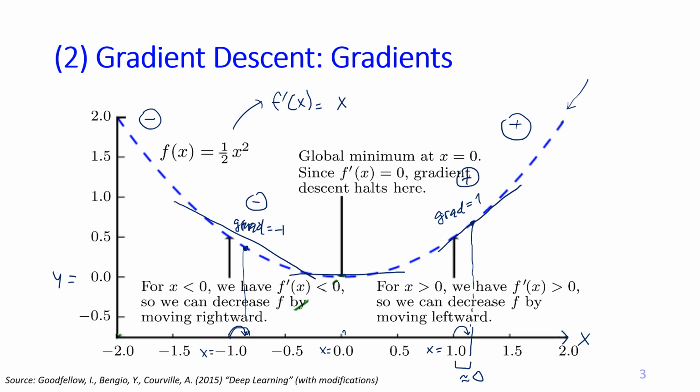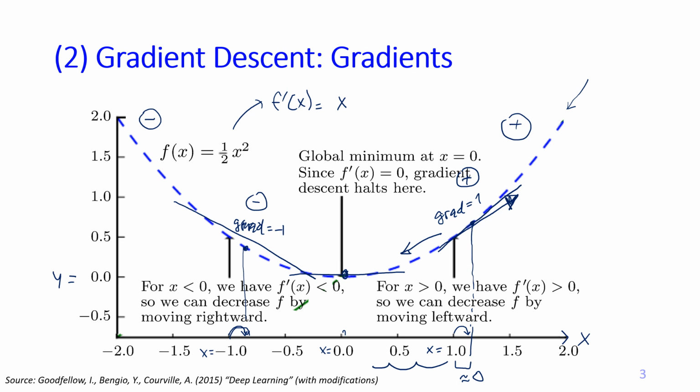So if we try to reach the minimum point, we may use the clue from the gradients. For example, here, since the gradient is positive, if we are going to reach the minimum, it means that we need to decrease the x value, right?